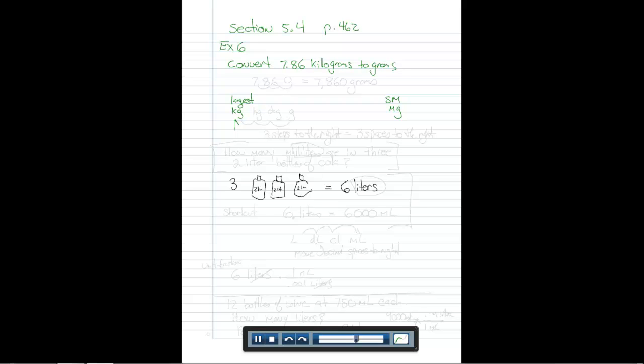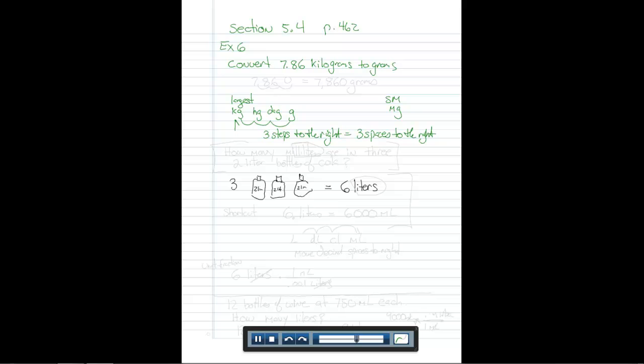So it's kilo, HM, DAG, and G. 1, 2, 3 steps to the right. What do we do with the decimal? Move it 3 spaces to the right. Do the same with the decimal.